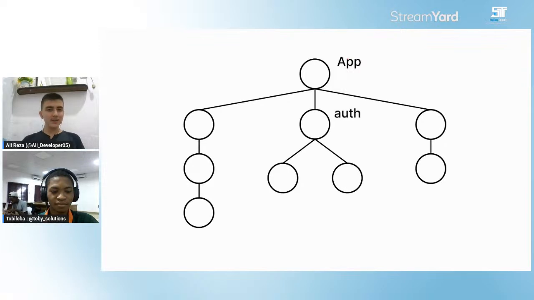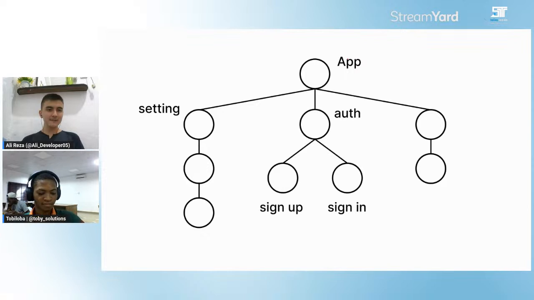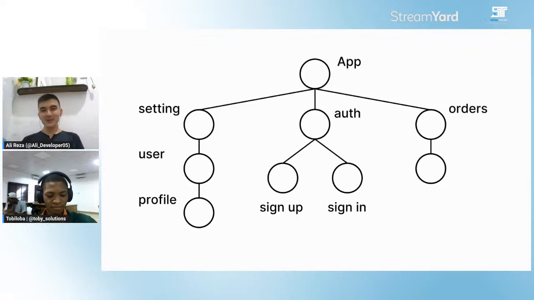The first is auth. Inside of that auth, we have two components, which are sign in and sign up. The second route is going to be setting, and inside of that setting we have user. Inside of that user we have profile. And the last route is going to be orders. Inside of orders we have the history component to see the history.